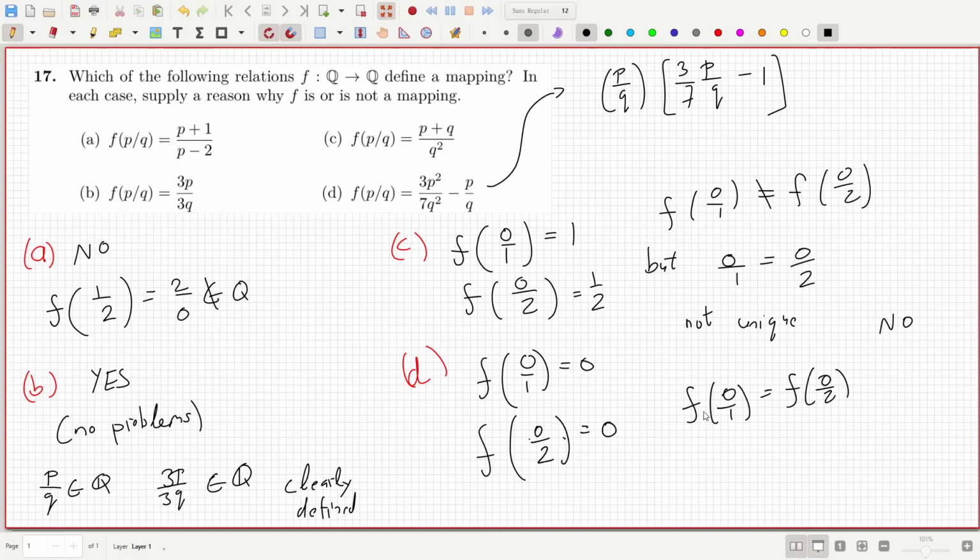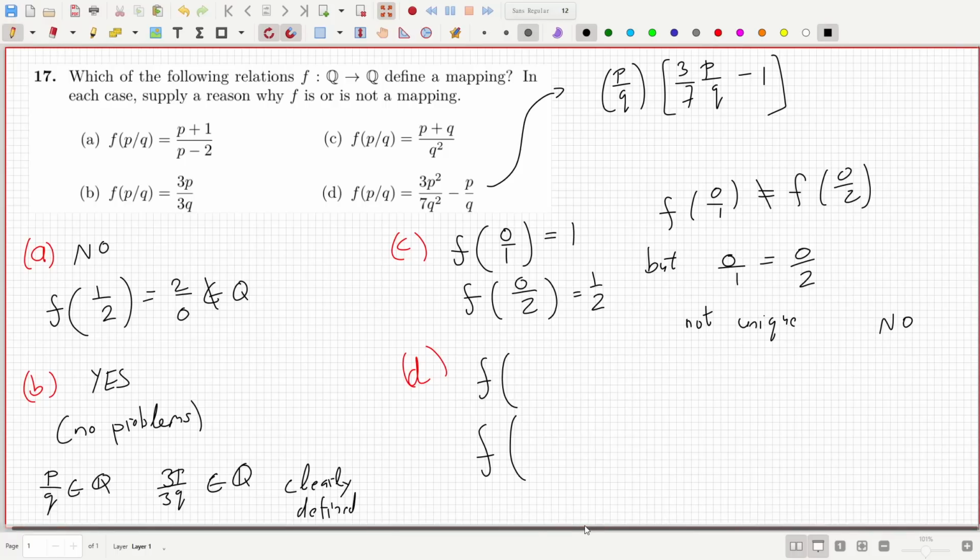Oh no, they are the same. Sorry, I'm getting confused. I wanted them to be different. I want the same fraction, written in two different ways, giving me two different answers.